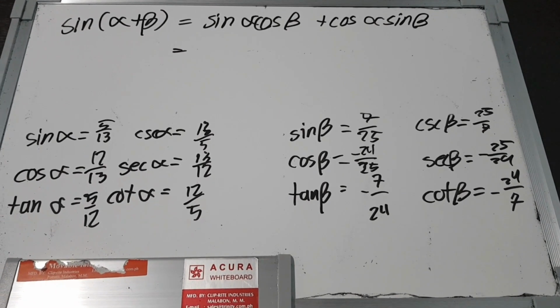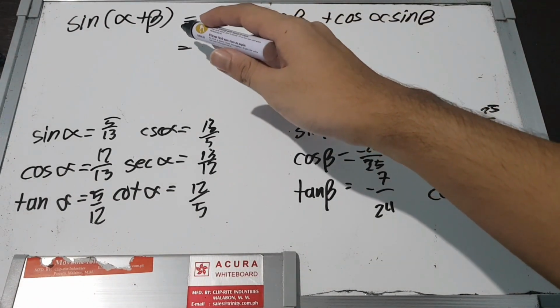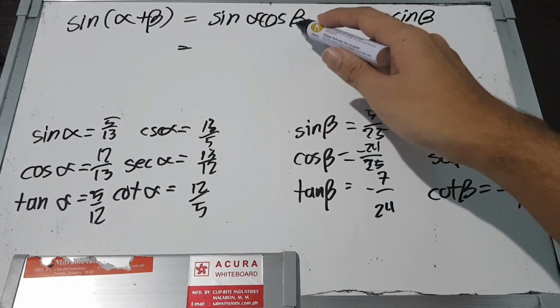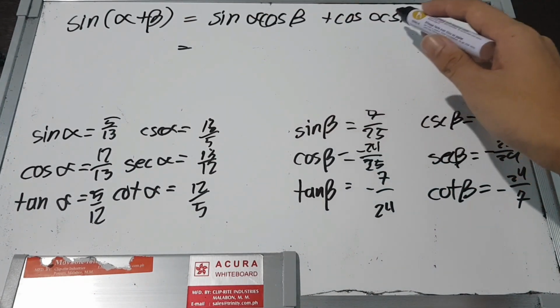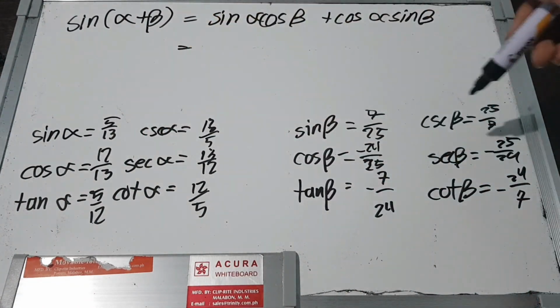Once we have the 6 circular functions of alpha and beta, we can now find the exact value of sine alpha plus beta. If we expand that, it will be sine alpha cosine beta plus cosine alpha times sine beta. We just have to look for the circular functions here.